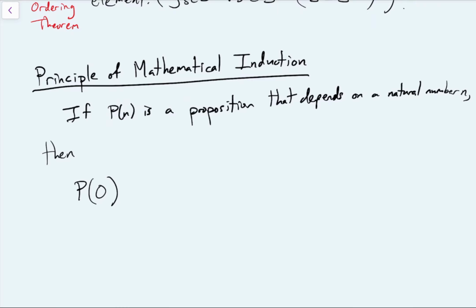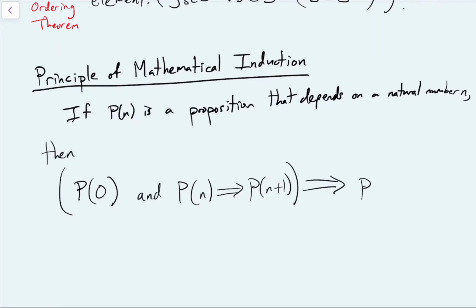If P of 0 is true, and whenever P of n is true, then P of n plus 1 is true, if I know both of these things, then I conclude that P of n is true for all n.